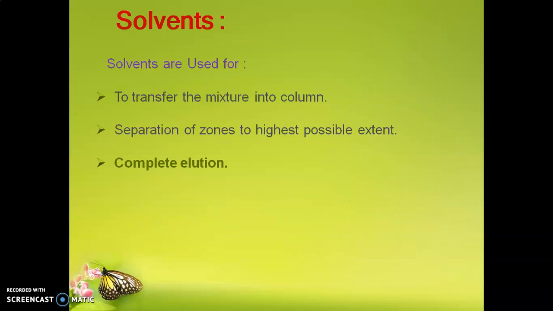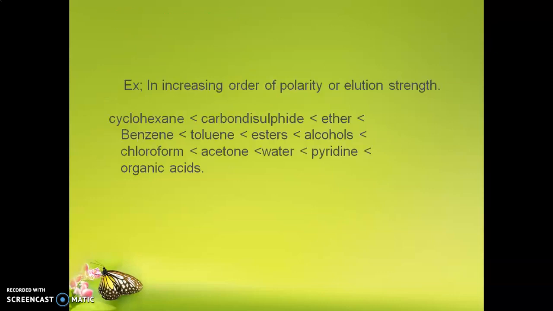The solvent used in column chromatography helps to transfer the mixture into the column. It should allow separation of zones to the highest possible level, meaning separation of all components at its highest level, and complete elution through the solvent is also possible.